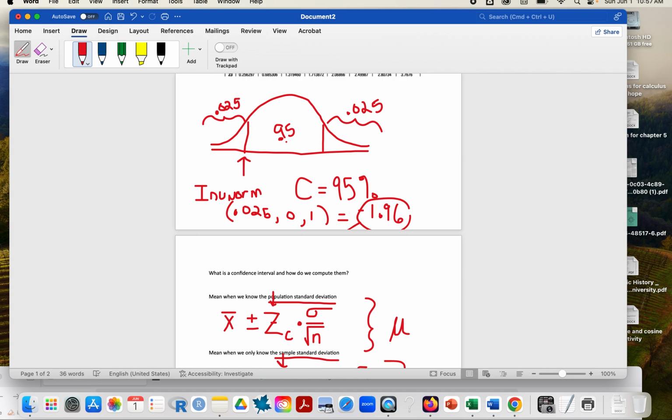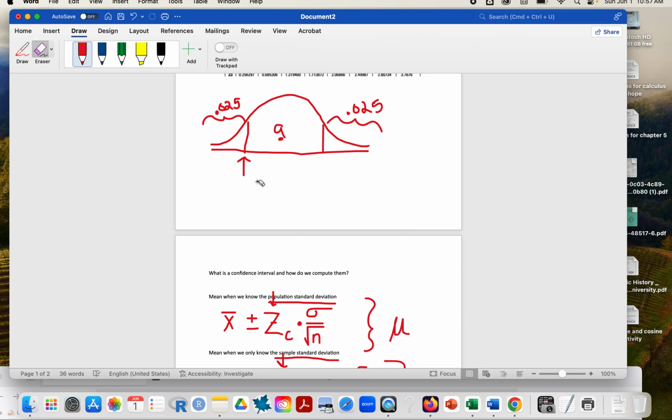Now, if this was the 90% confidence interval, what would happen is on the left you'd have 0.05, and on the right you'd have 0.05. Well, in the left-tailed test, or in the left tail, you'd say it's 0.05, and then you do your INV norm, and that just looks terrible, so I'm going to erase it and rewrite it.